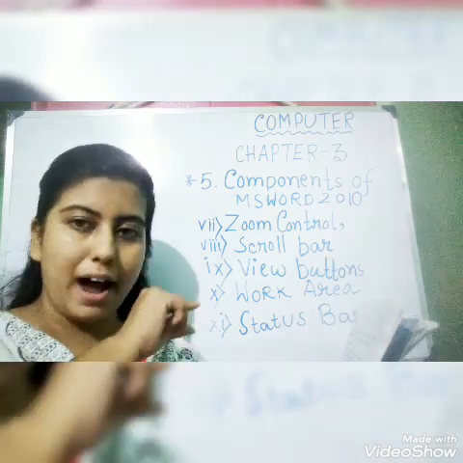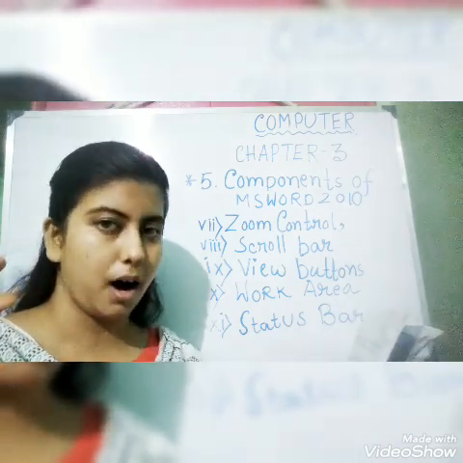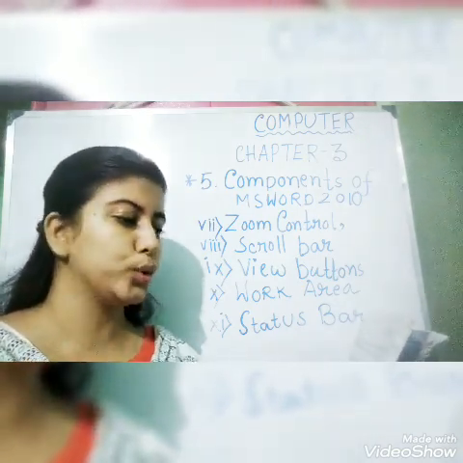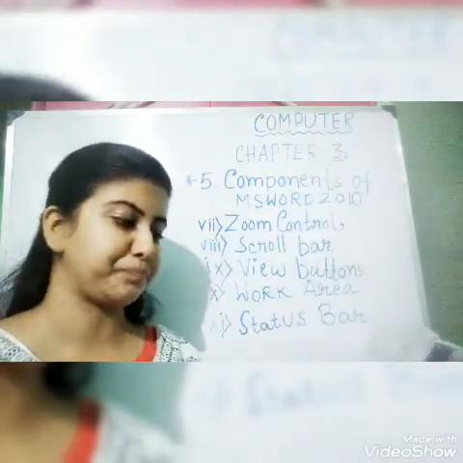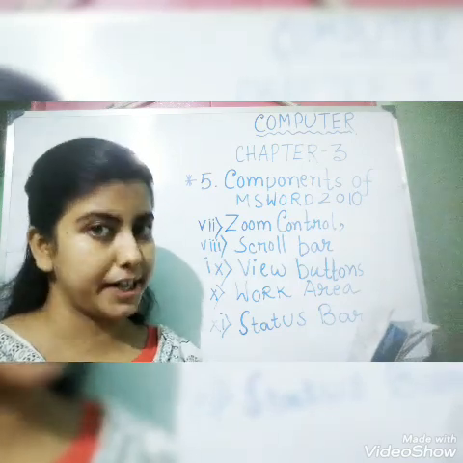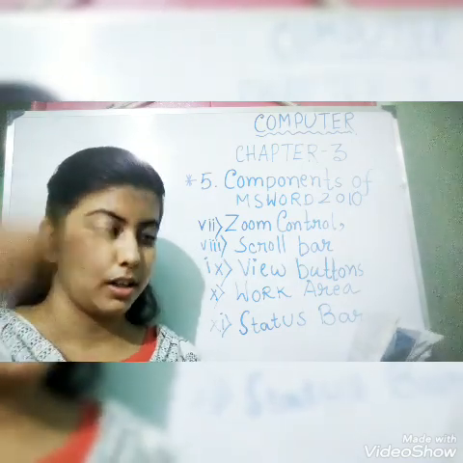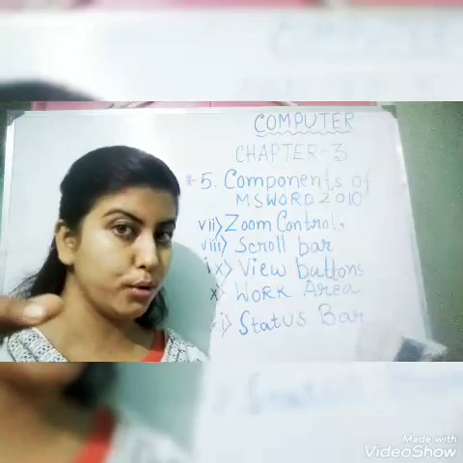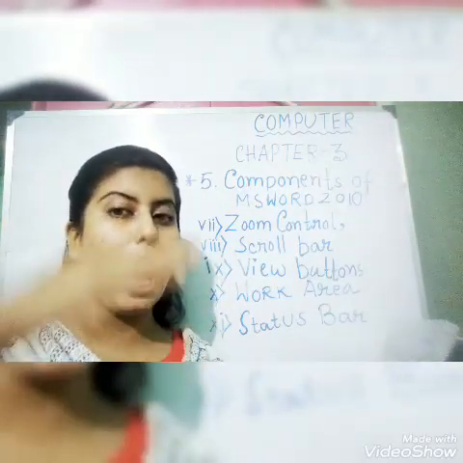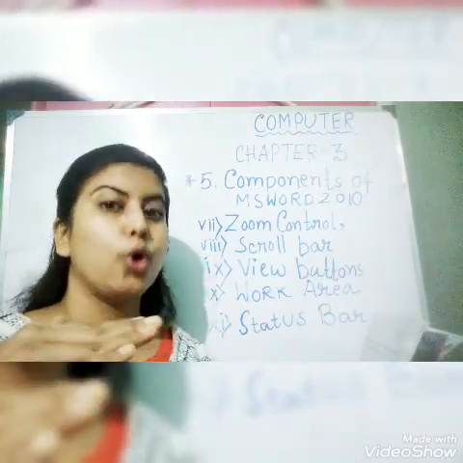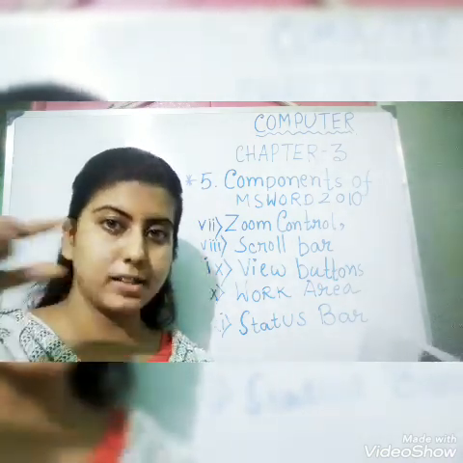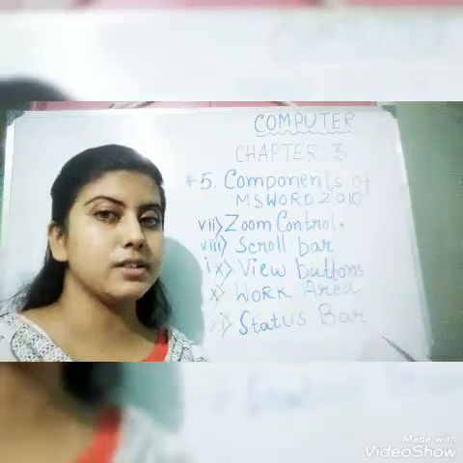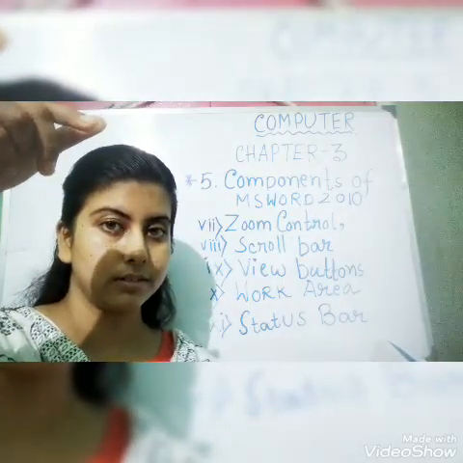The horizontal scroll bar is used to move the screen right or left. The vertical scroll bar is used to move the screen up or down. So there are two scroll bars, horizontal one and vertical one. Okay.